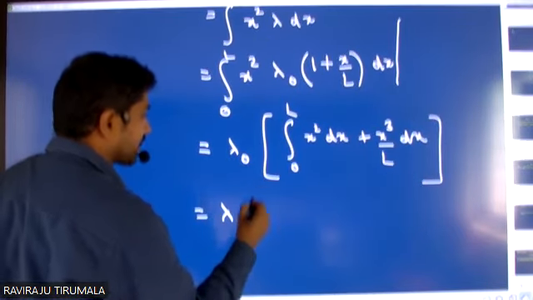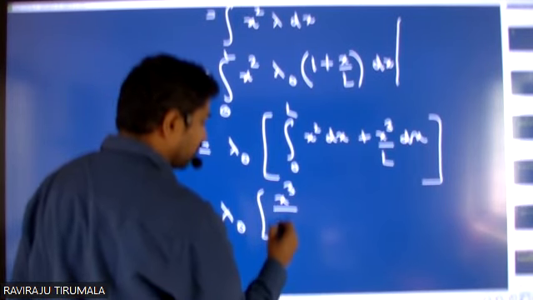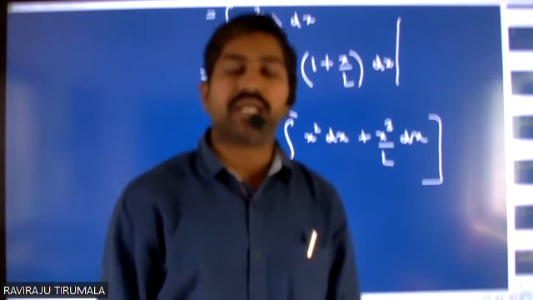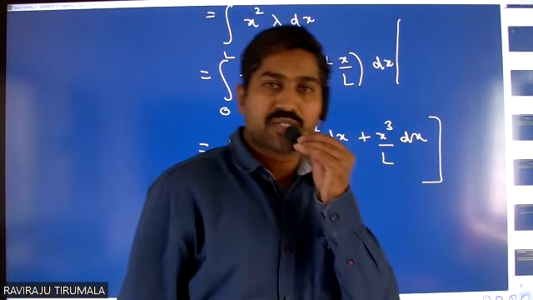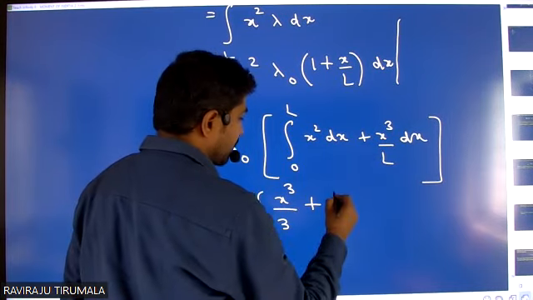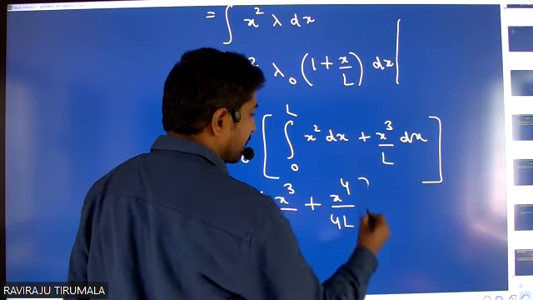What is the integration for x square? Integration for x square will be x cube by 3, because the integration of x power n dx is x power n plus 1 by n plus 1, plus for x cube it will be x power 4 by 4L.